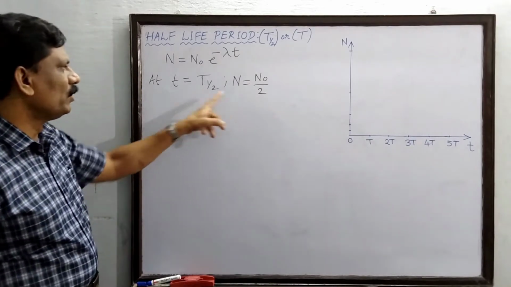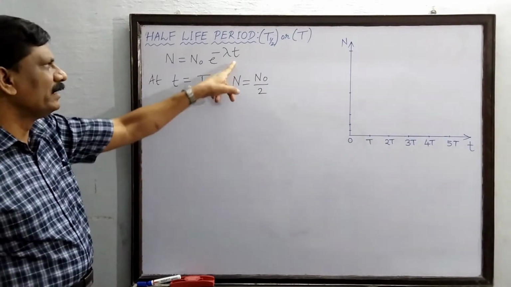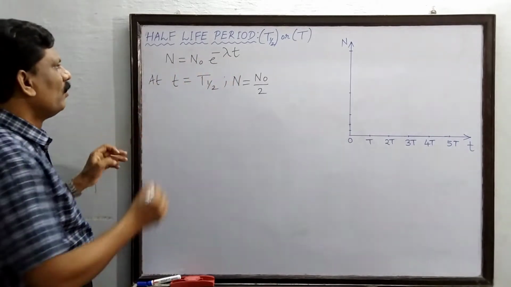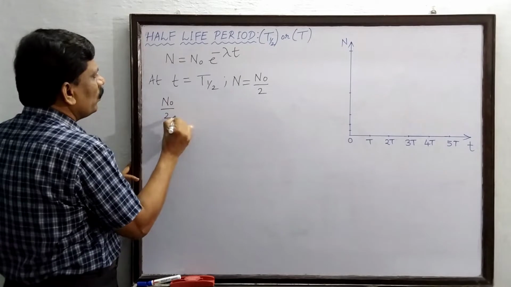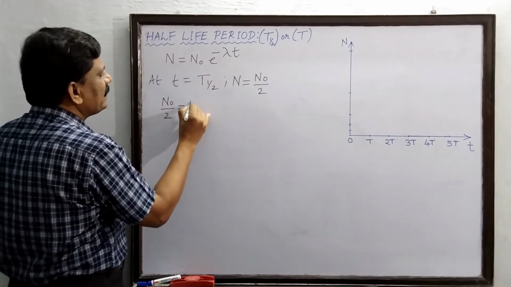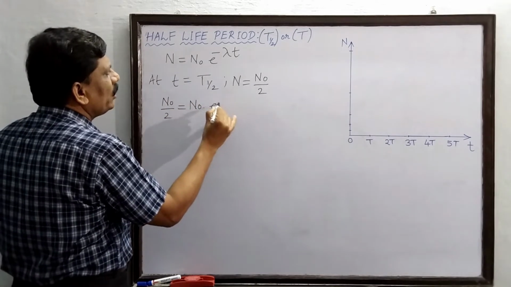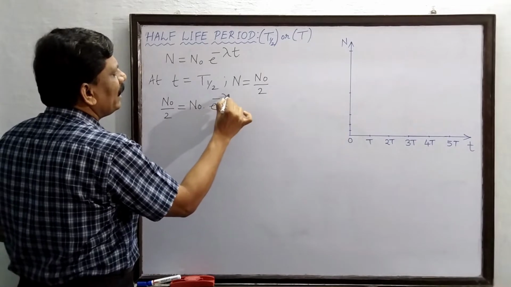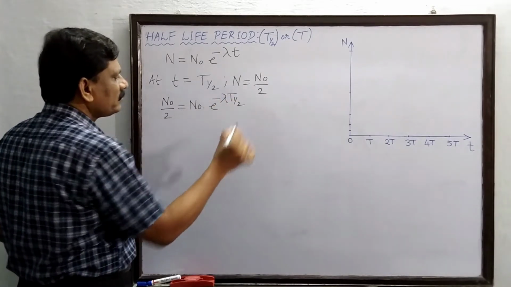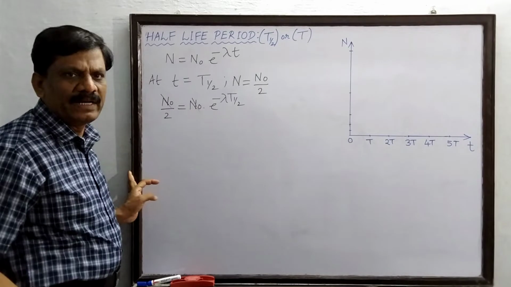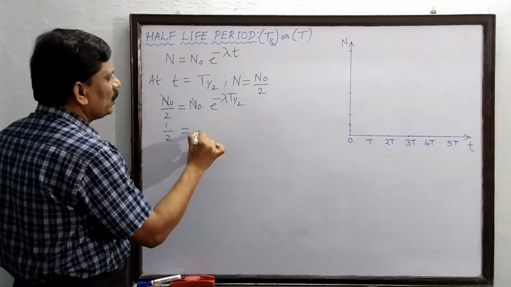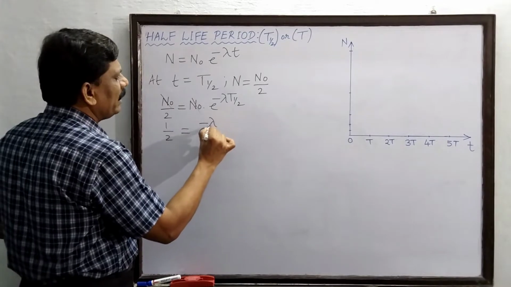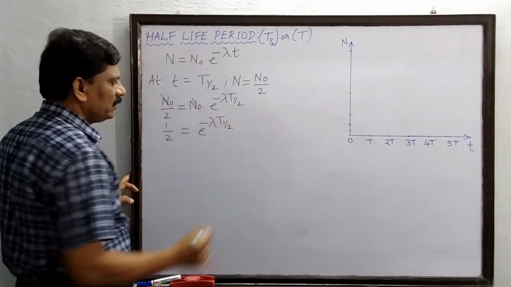So, I am going to substitute for t and N in the above equation. Left hand side N becomes N0 by 2. This is equal to the right hand side, N0 into e to the power of minus lambda into T half. So that N0 gets cancelled. So 1 by 2 is equal to e to the power of minus lambda into T half.